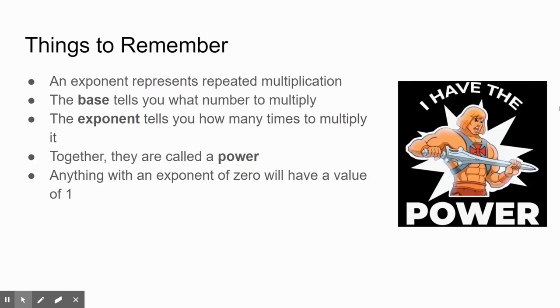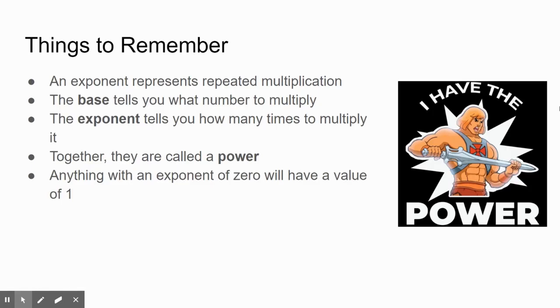Things to remember for this video. Remember that an exponent represents repeated multiplication. The base, which is the big number on the bottom, tells you what number you're actually multiplying. The exponent is the small number on top, which tells you how many times to multiply it. Together, the base and the exponent make a power. Anything with an exponent of 0 will have a value of 1.